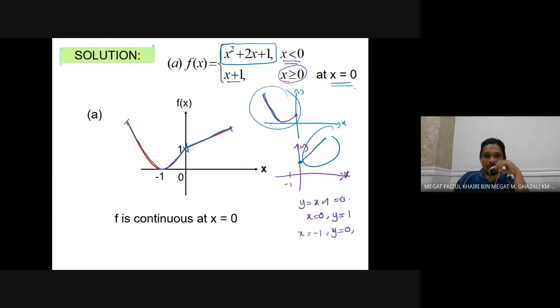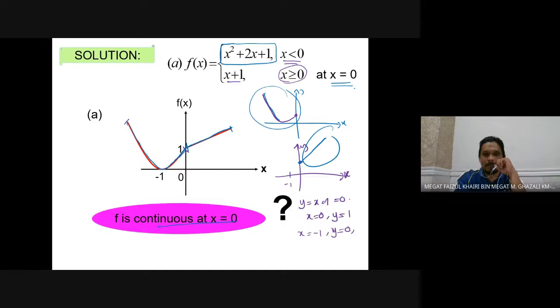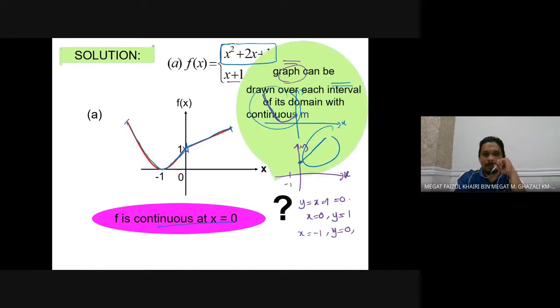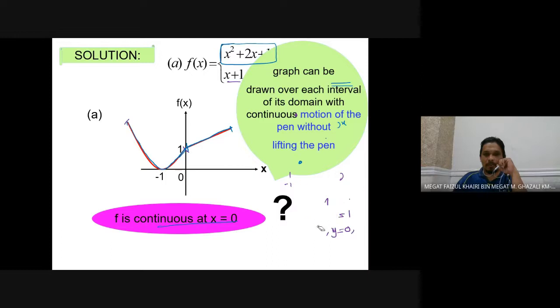So it is continuous at x equal to 0. Okay, the domain is continuous, a motion of the pen without lifting the pen.